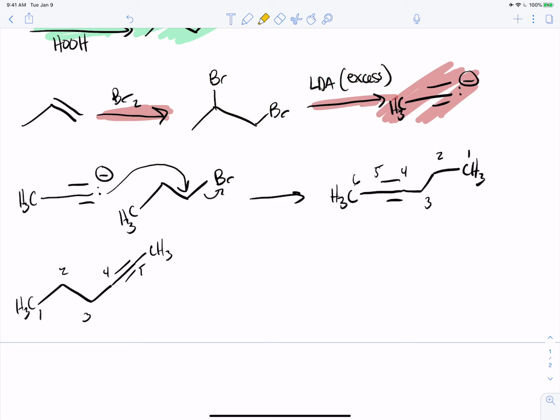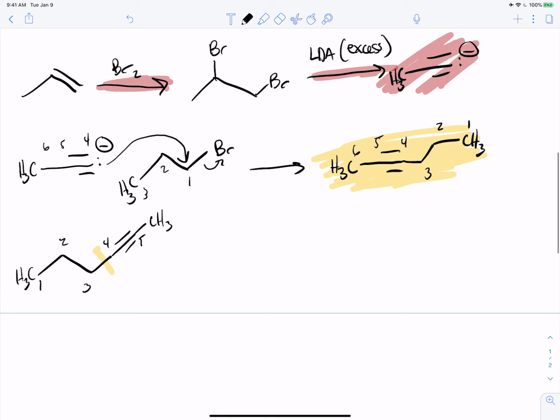So I took this molecule and I just flipped it around so it looked more like what it looks like in the problem in the workbook, just so I had the things facing the right way. But where we formed the bond was right here. So 1, 2, 3, 4, 5, 6. And then I've just kind of flipped it around. So I'll take this and I'll reduce it to the trans.